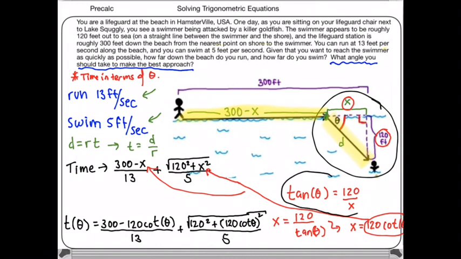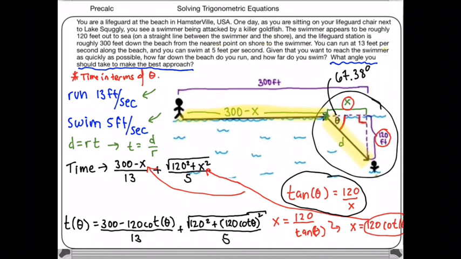We know that tangent theta equals 120 over x, and we know now what theta is, from the other screen, 67.38 degrees. So we can easily find out how far down the beach we run and how far we swim just by putting that in.